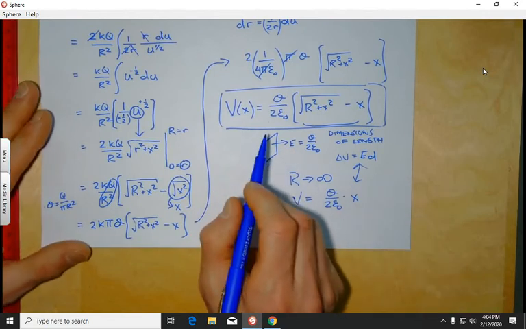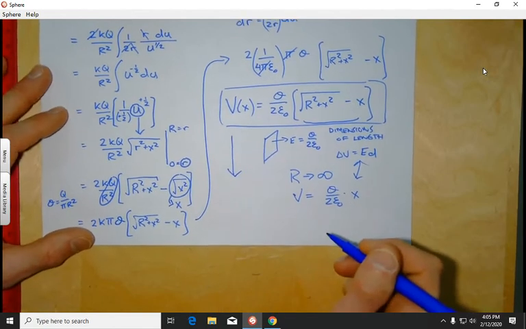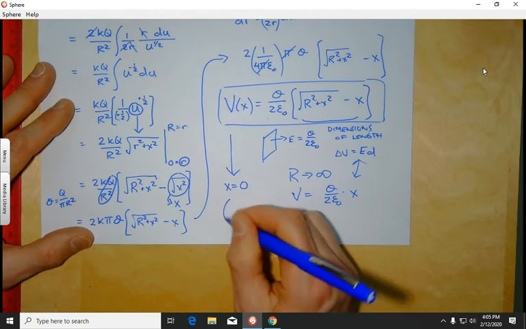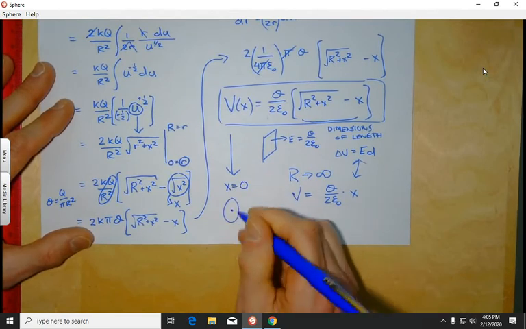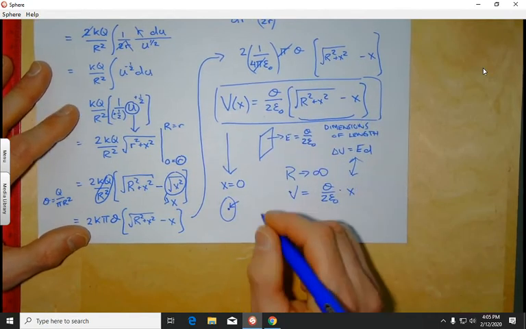And right, one thing to notice, again, is to think about what happens maybe when x is equal to 0. So that would be, what if you were right in the middle of the disk, right there? And all this stuff does simplify quite a bit.